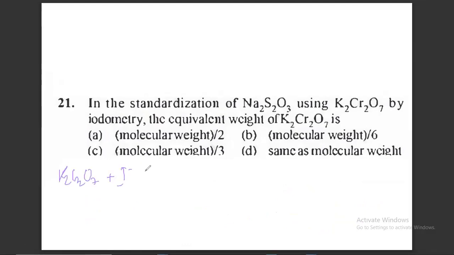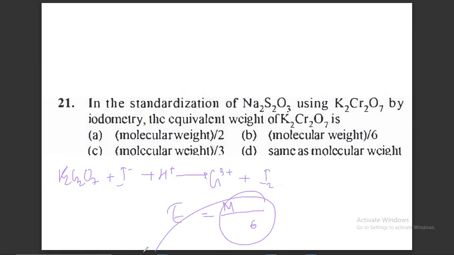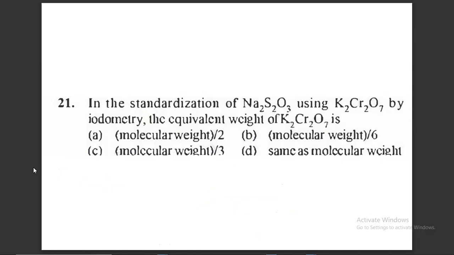When this is treated with iodide in the presence of acidic medium, it gives chromium ion and iodine molecule. So here 1 mole of potassium dichromate accepts 6 moles of electrons. And from the formula, you can easily answer: equivalent weight is equal to molecular weight divided by 6. The change in the oxidation number corresponds to the answer.